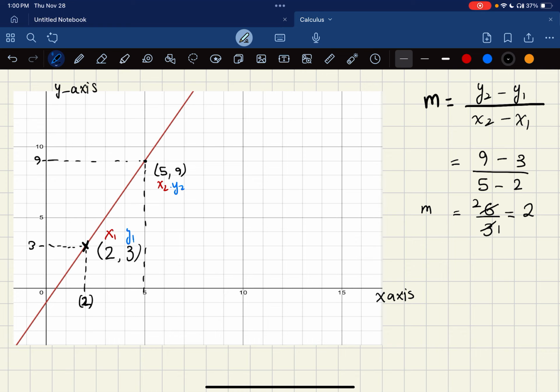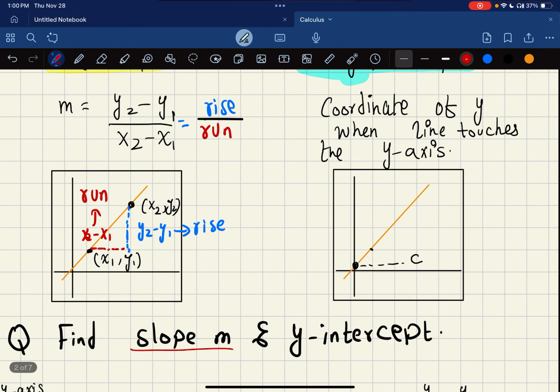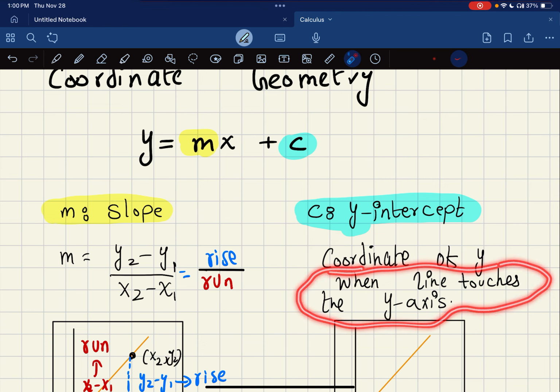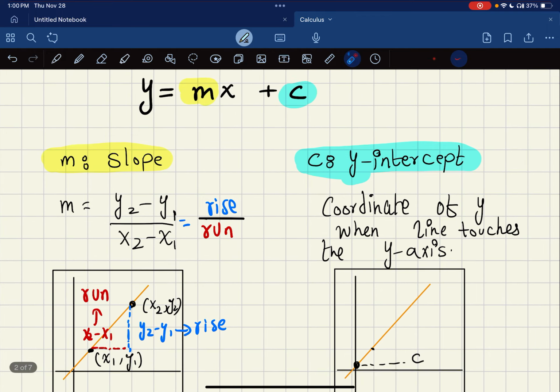So where does this line touch the y-axis? It is this point where the line touches the y-axis. So let's highlight that. Again, recall, it is the y coordinate when the line touches the y-axis. That will be our c, the y-intercept.